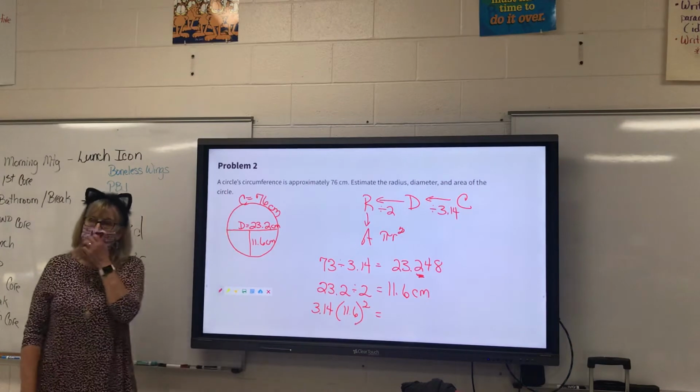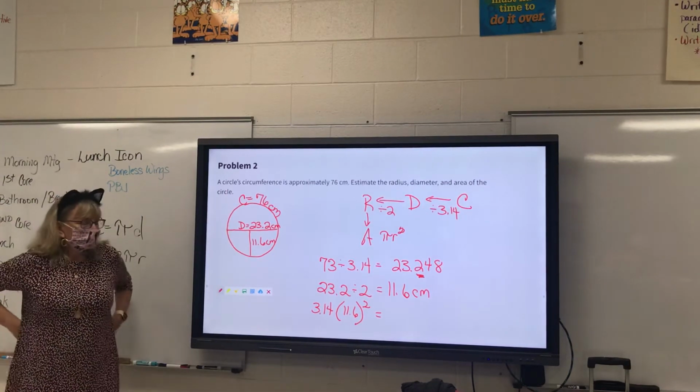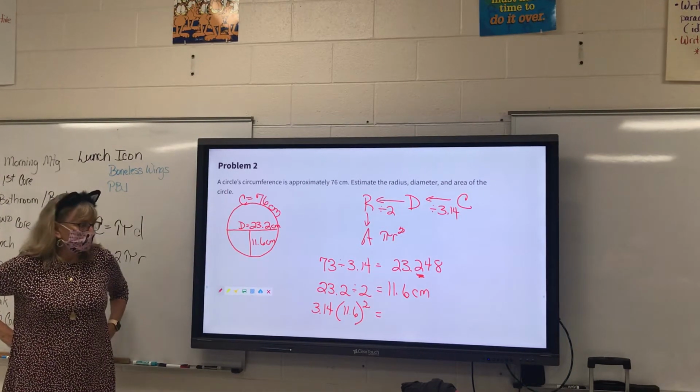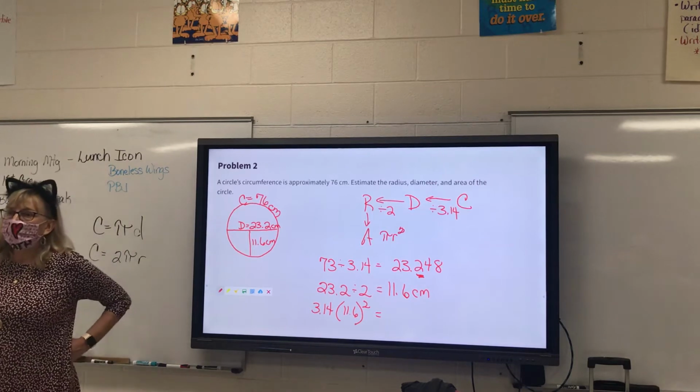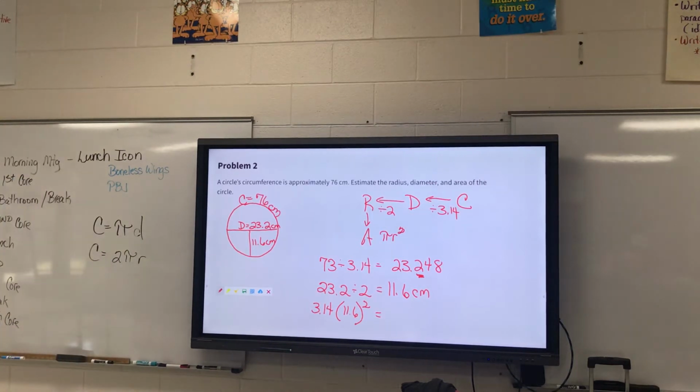So take out your calculators and put in 3.14 times 11.6 and then hit x squared. Does everybody see the x squared? Right here. Okay.